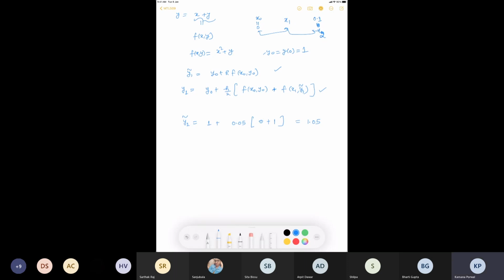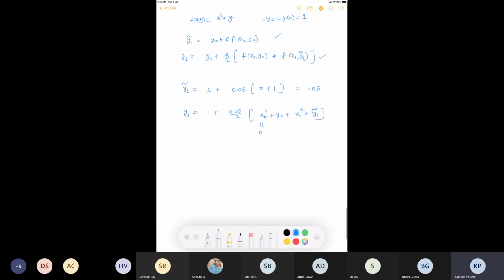Now we have y1 tilde, so we can find y1. So y1 is going to be y0, which is 1, plus h by 2, 0.05 by 2, times f of x0, y0, which is x0 squared plus y0, and then x1 squared plus y1 tilde.